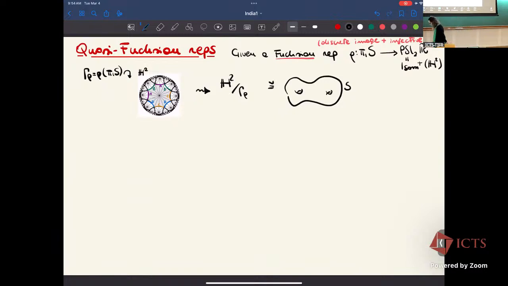Okay, so quasi-Fuchsian space, again, we discussed it in many talks before, so let me just recall briefly. One way to motivate quasi-Fuchsian space is just to see how a Fuchsian group acts on H3. If you take a Fuchsian representation in PSL2R, we have seen that this discrete group acts on H2, and the quotient is the manifold.